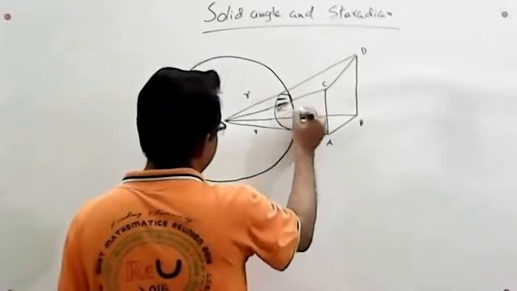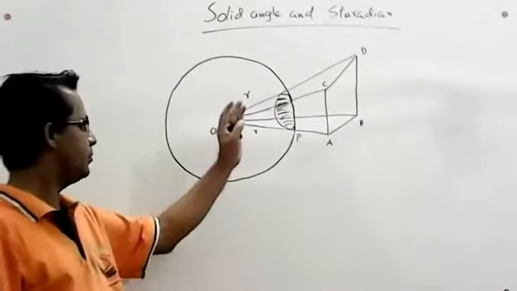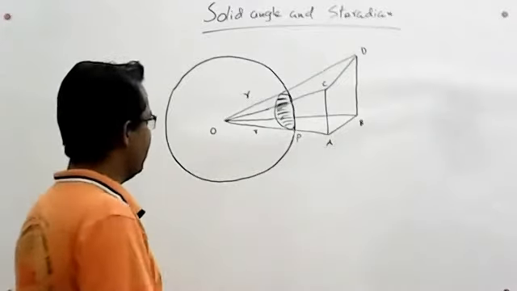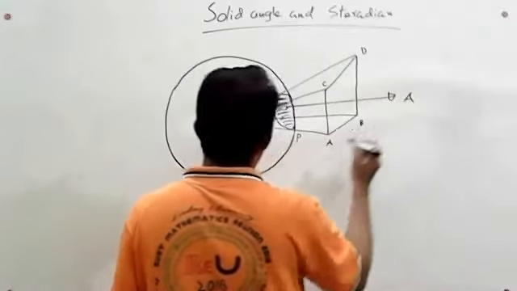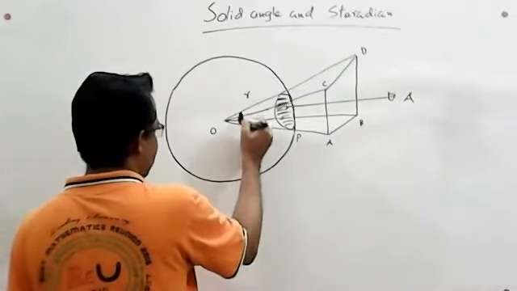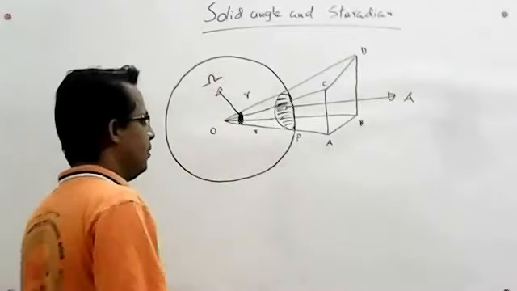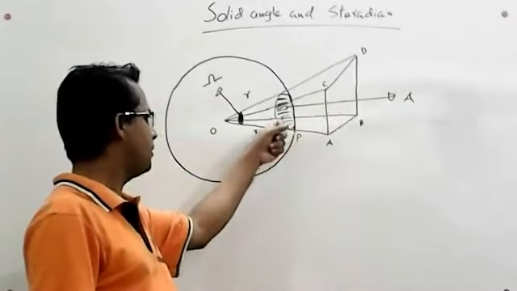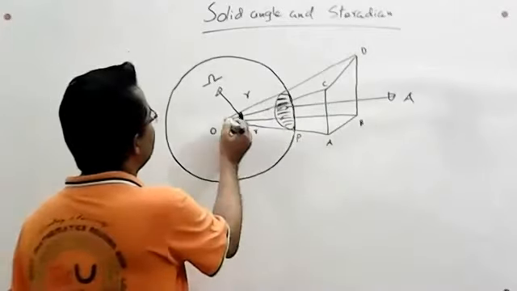This projection from this surface to the spherical surface is called a conical surface. This surface area is denoted by A. And this angle here is called the solid angle. This solid angle is denoted by the letter omega. So we will have to measure this angle for this surface by the projection on the sphere, and this conical surface makes a solid angle at the center O.